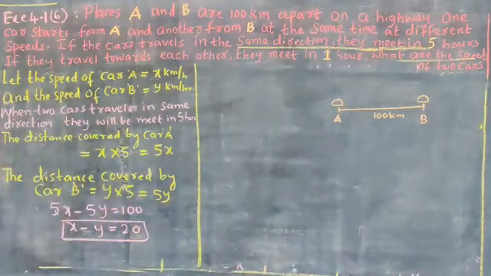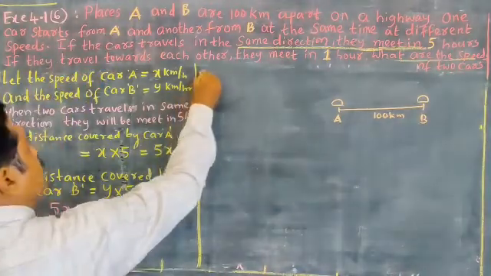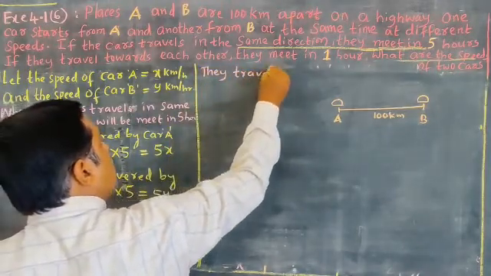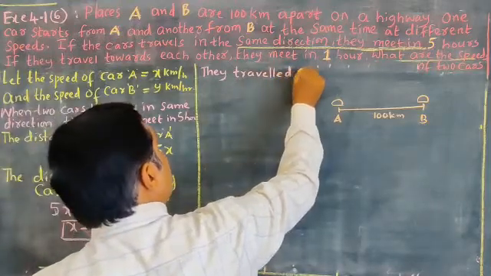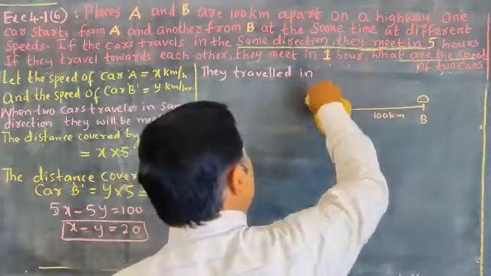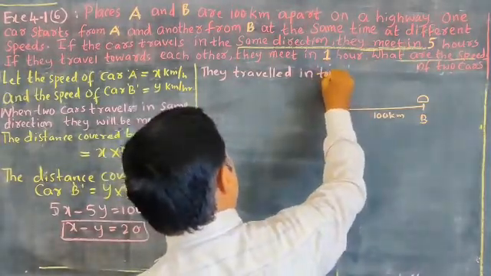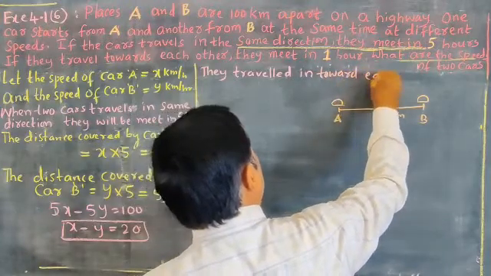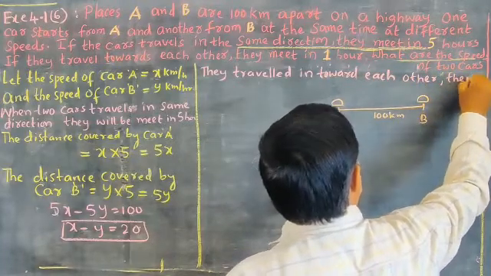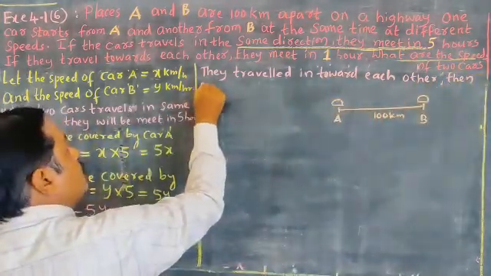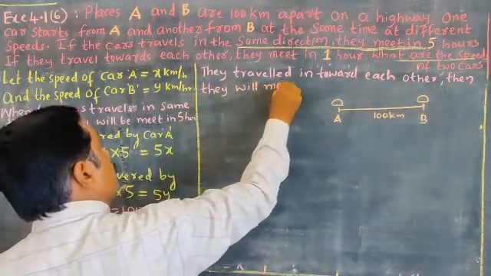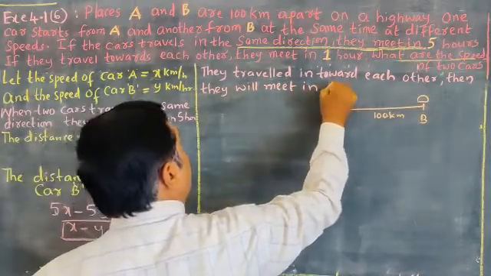Next, what happened again? When they travel not in the same direction but in the opposite direction, towards each other, then they will meet in 1 hour.